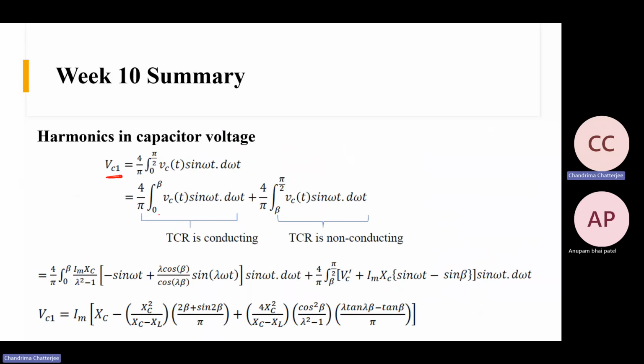And this we can divide in two portions, obviously, when the TCR is conducting and when the TCR is non-conducting, right? And we will get this big expression over here. And ultimately, we will get this expression after simplification.